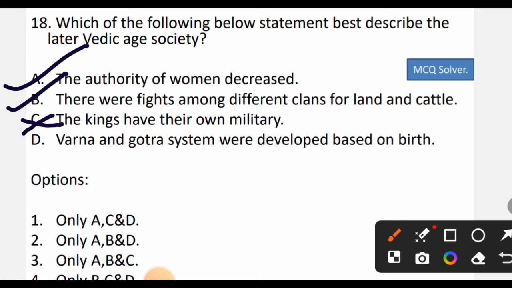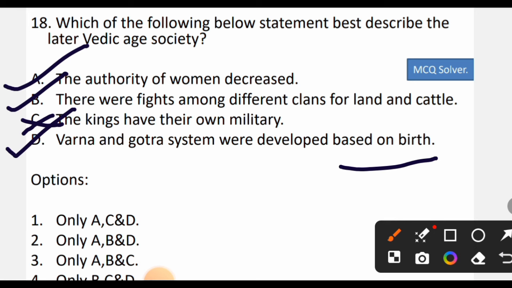When it comes to statement D, it is the correct option. That is, the Varna and Gotra system were developed, based upon birth. Someone whose father is a Brahman will be called a Brahman only, and that's how the changes were made in the later Vedic age, which were not in the Vedic age.